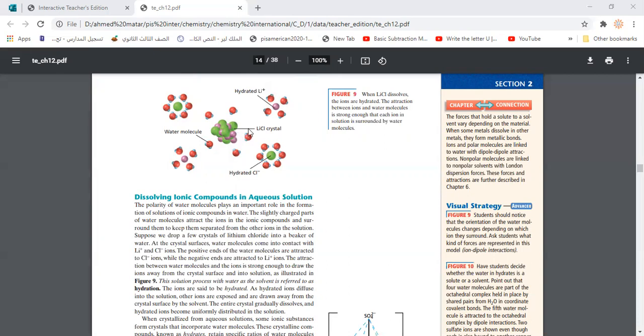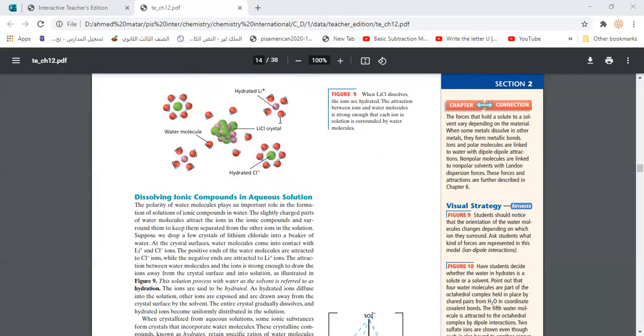And due to the continuous motion of water, the water will hold on. Here, the attraction force between the partially negative oxygen in water and the positive lithium in lithium chloride is higher than the force between the lithium ion and the chlorine ion. So they easily separate. We have a separated lithium ion and a separated chlorine ion.